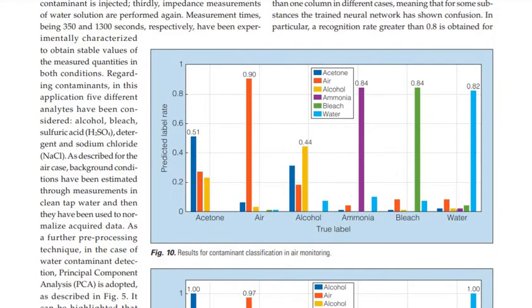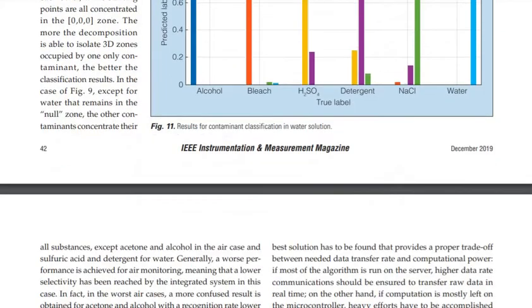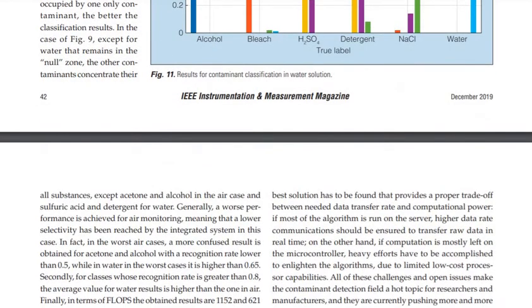In air, for example, the air is more than normal for other things like acetone, alcohol, salt, everything. In a similar way, we can see in water too, the bleach quality. So the air value and water value are average. Water value is average, equal to the alcohol value.